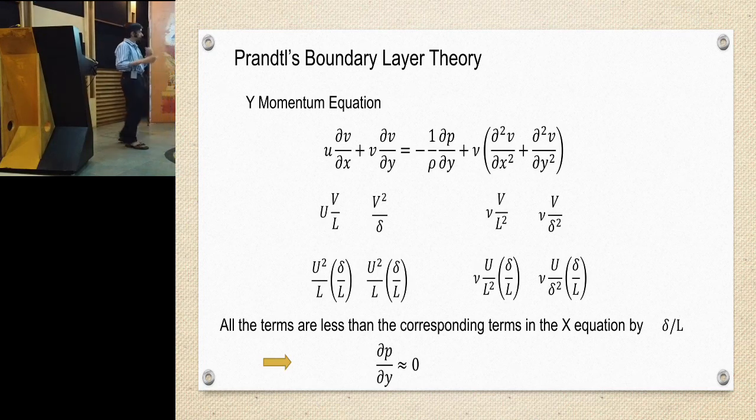So if you now bear with me and consider these to be negligible terms, what this results in is dp dy equal to 0, which means the pressure does not vary in y direction.